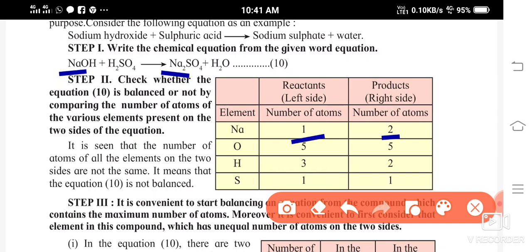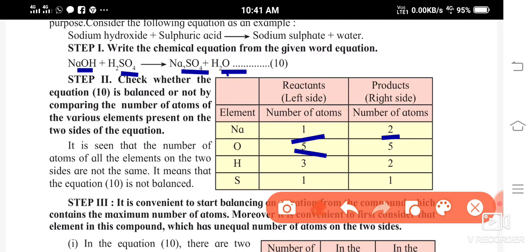Oxygen, see, 1 here and 4 atoms here. So 4 plus 1 is 5 on the left hand side. On the right hand side, see, 4 plus 1, 5, right?